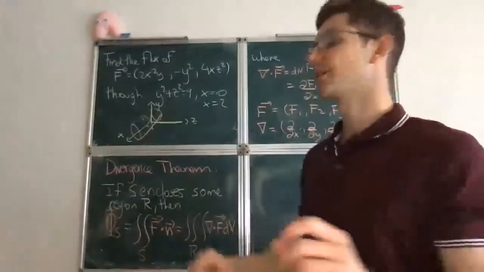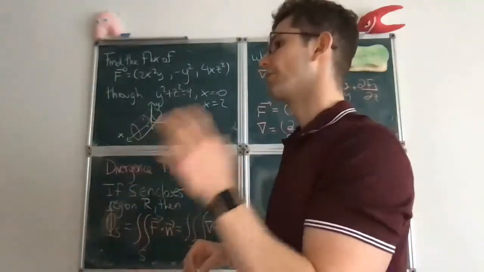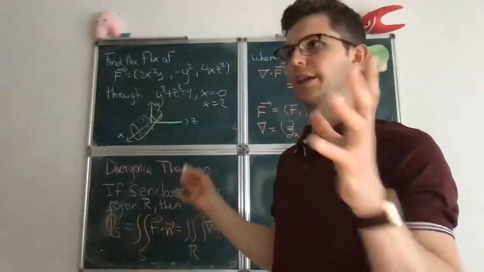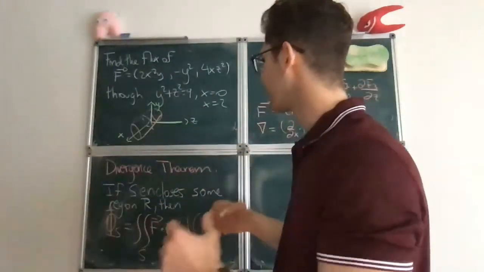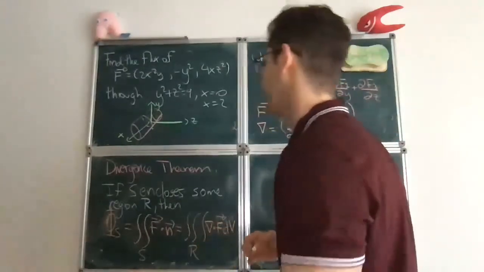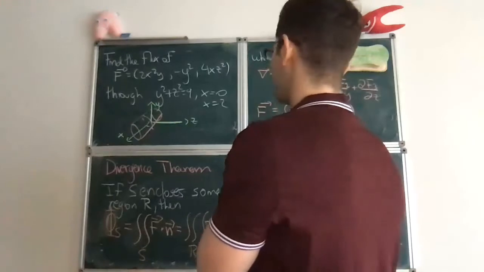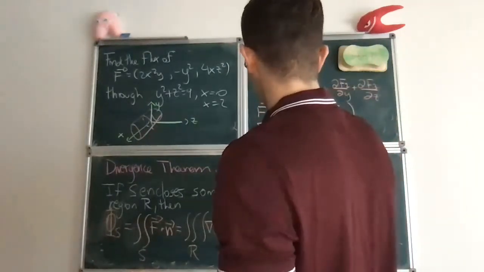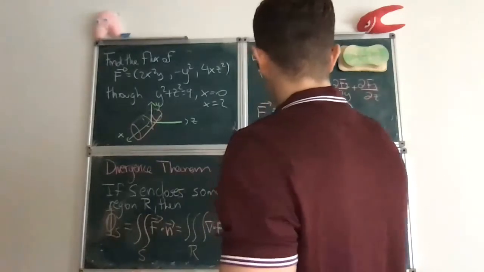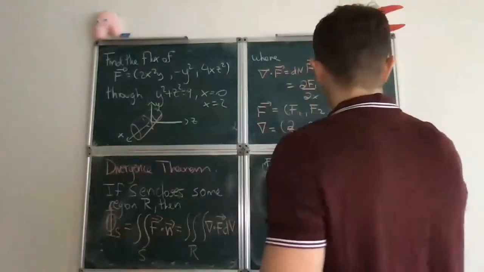It's important here that you include both the top and the bottom, because if you don't include them, then the cylinder is not really enclosing anything, right? In order to apply the divergence theorem, you need to use a closed surface. And so, according to the divergence theorem, the flux would just be the triple integral of the divergence of the vector field.